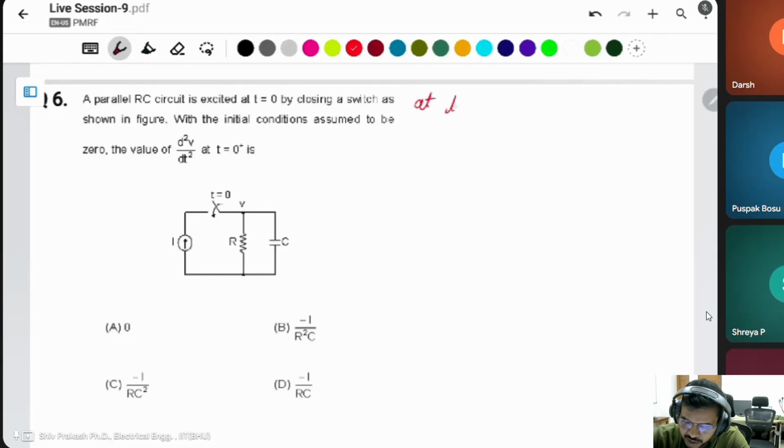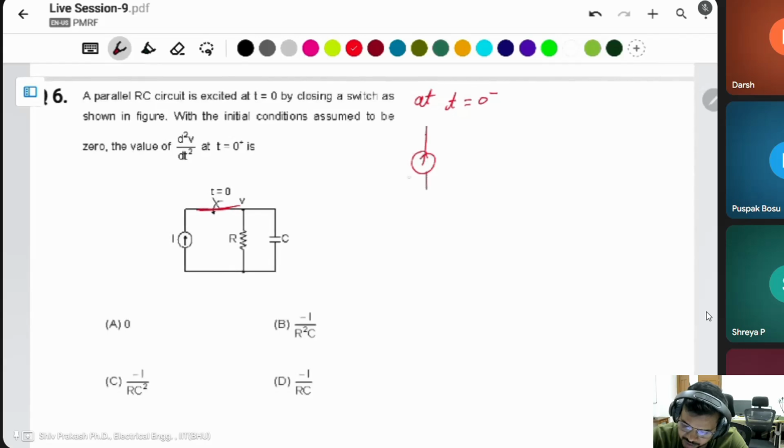First find the circuit at t equal to 0 minus. In this condition, this circuit is closed by current I, resistor, and there is some open circuit voltage across the capacitor at a steady state.